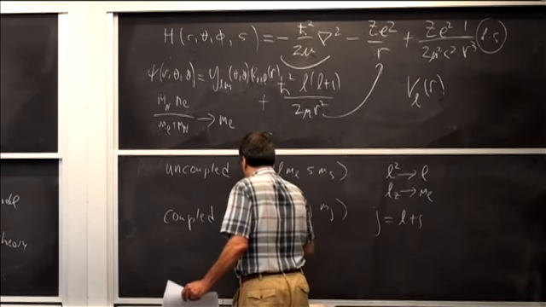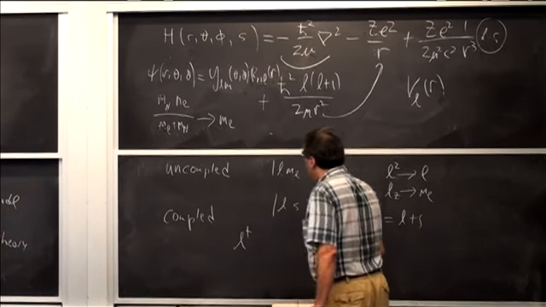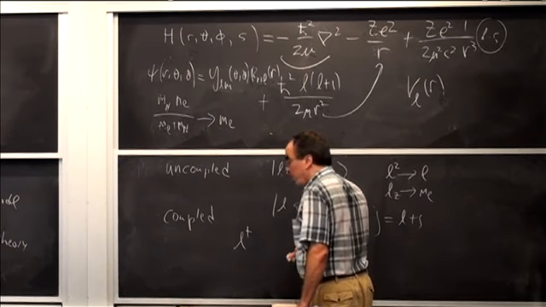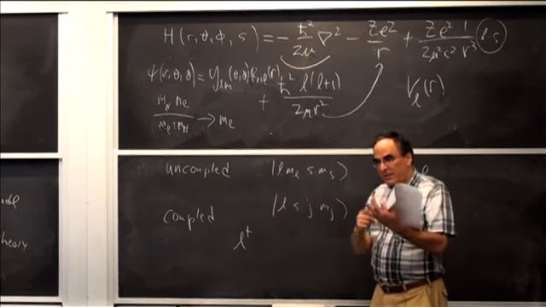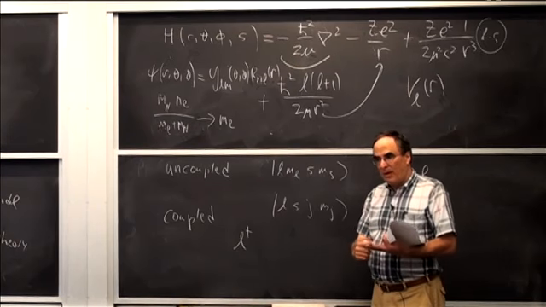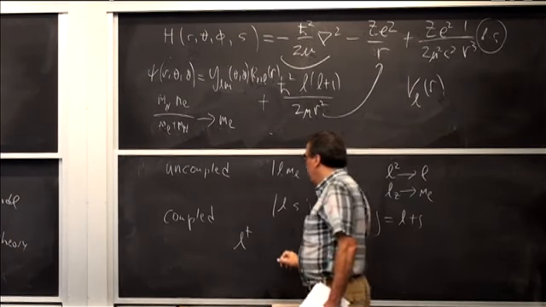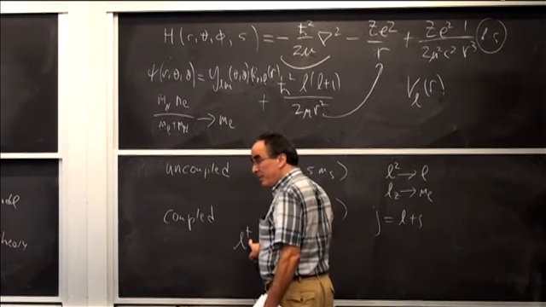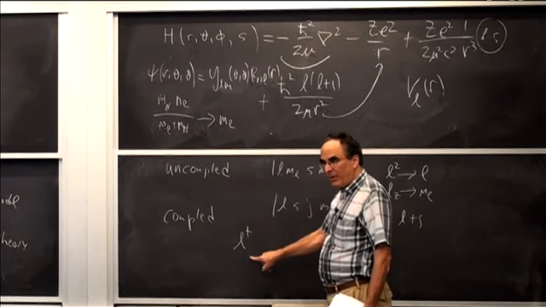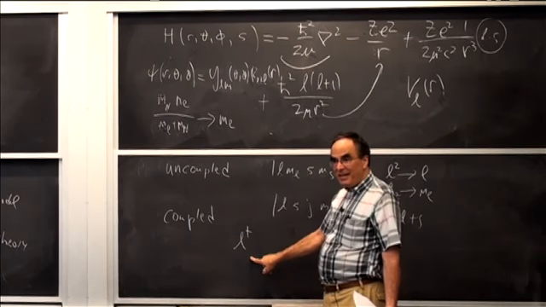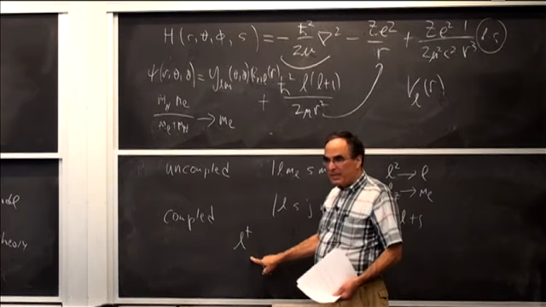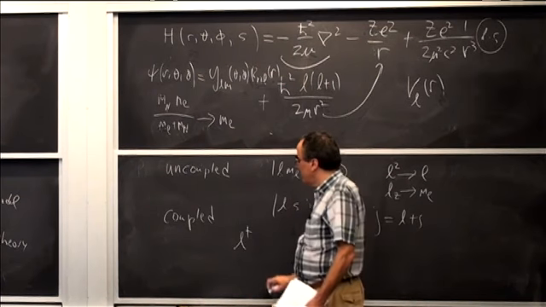So L plus. We can write the components of L as LX, LY, and LZ, but we like to write things in terms of these raising and lowering operators because they're neat, because they're analogous to the creation and annihilation operators we have with harmonic oscillators.